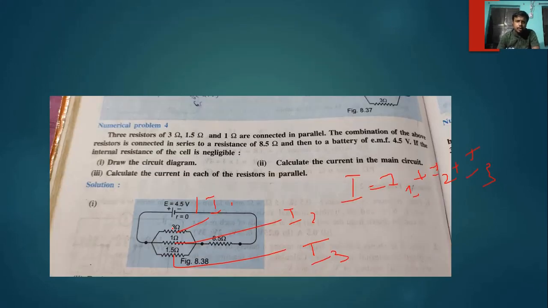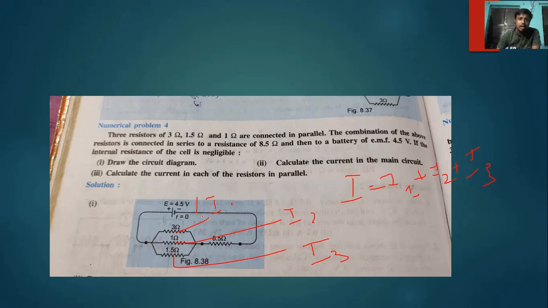Now when the potential difference is 0.25 volt and the resistance of the circuit is 3 ohm, we know that I is equal to V by R, so we simply put in 0.25. For finding the current, we use the trick that I divides into three parts, I1, I2, I3.